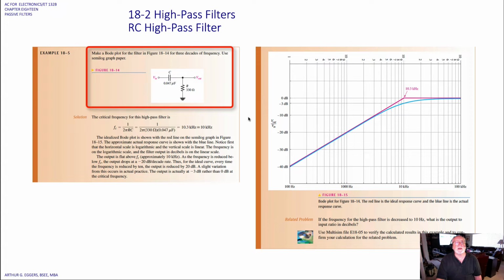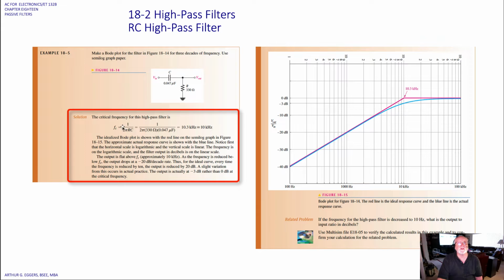For this example, we're going to make a Bode plot for the circuit presented here, 0.047 microfarads and a 330 ohm resistor. If we insert those values into the relationship 1 over 2 pi RC, we get 10.3 kHz, or approximately 10 kHz.